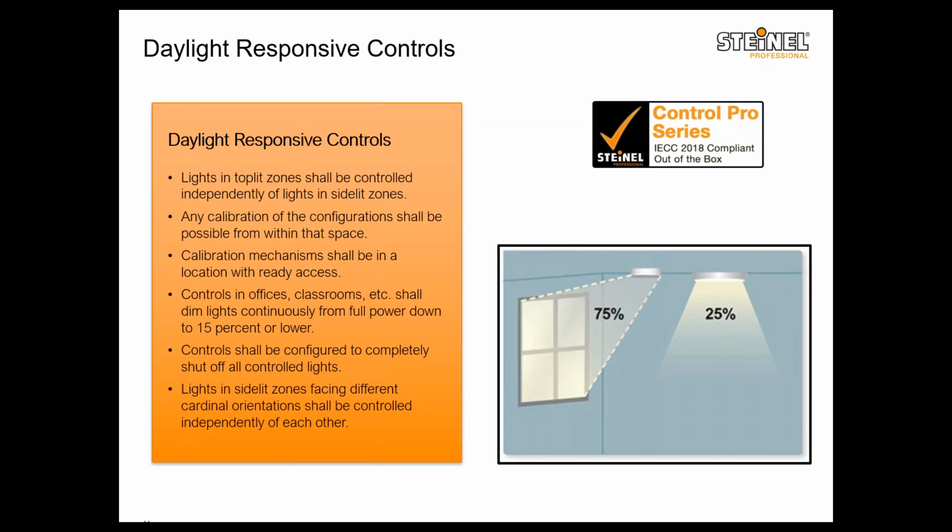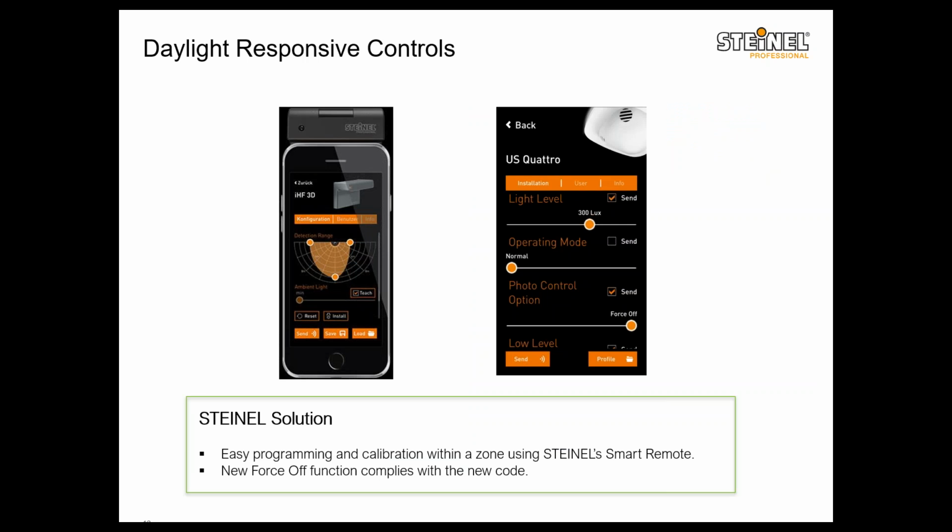So definitely having a smart remote that you can carry around in your pocket or with your phone, and you can just go to each area and then readjust the light settings to meet the code and the convenience of the customer.